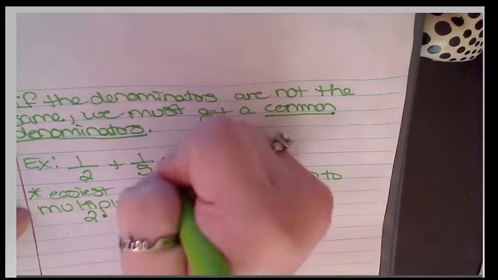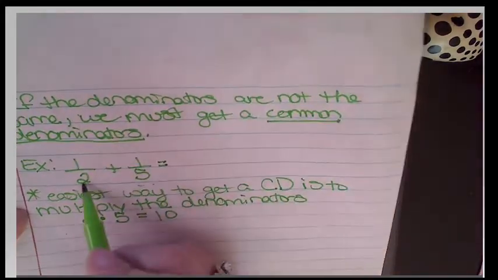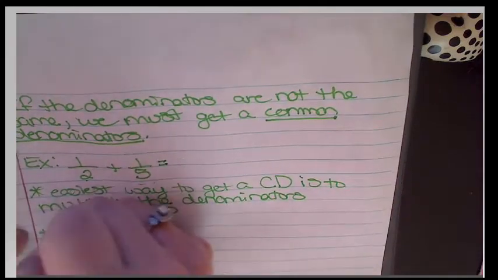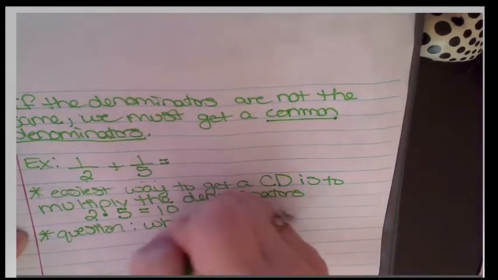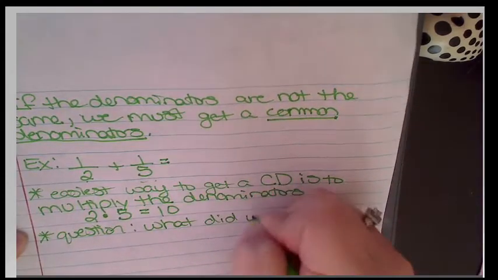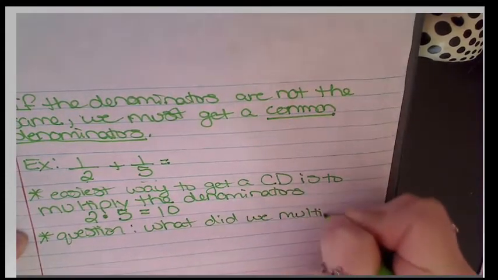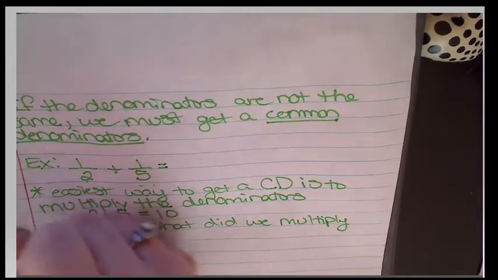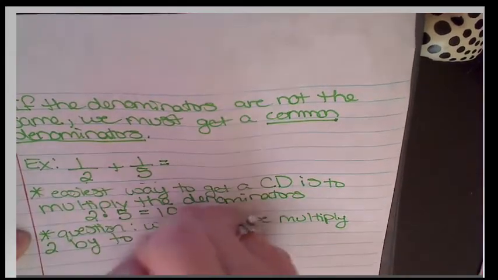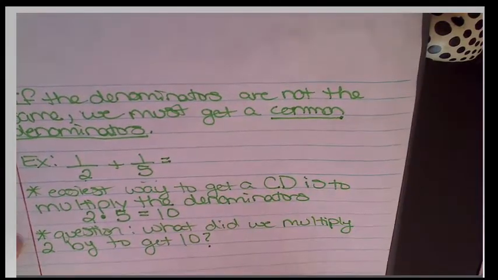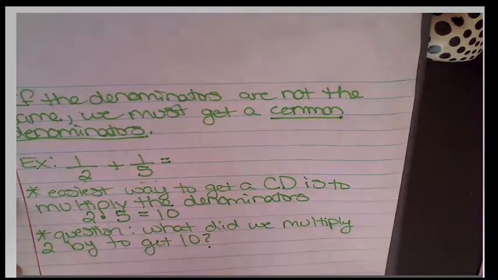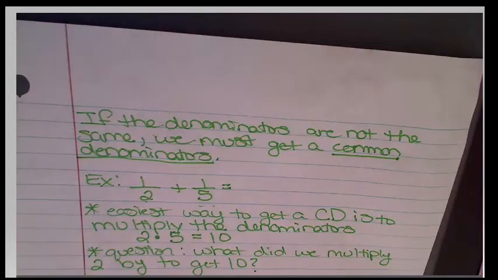Now, what did we multiply? Here's the question to ask. What did we multiply 2 by to get 10? We multiplied 2 by 5, and that gave us our 10.